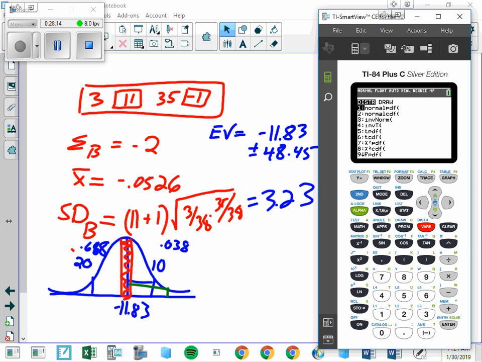So I will shade norm from negative infinity to 0.24. I did it again. And it turns out you have a 59% chance of losing, which is probably a lot lower than you would expect.